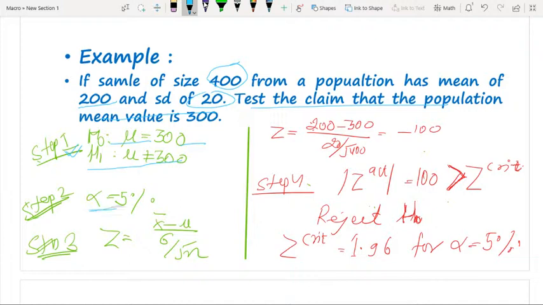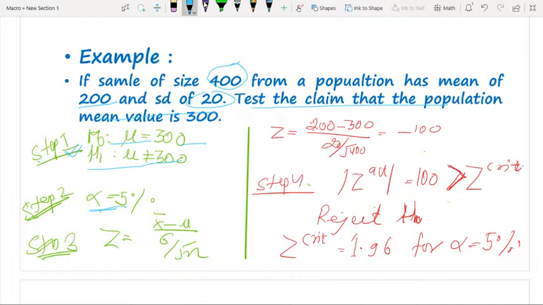So in step two, we specify the level of confidence. The level of confidence here is 95%, and this alpha is the level of significance, which is 1 minus the level of confidence. So the level of significance is 5%.